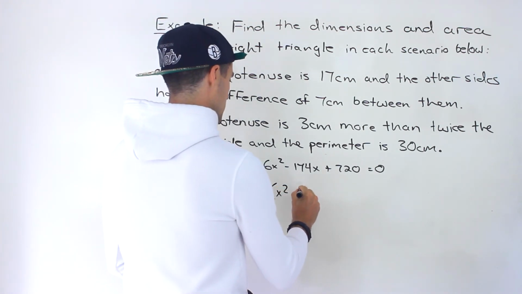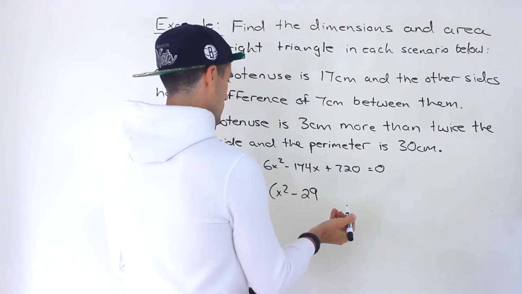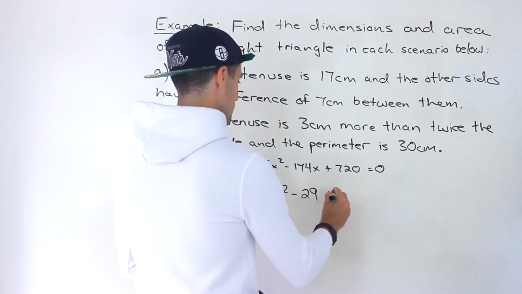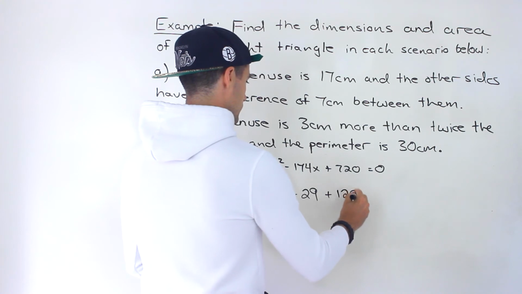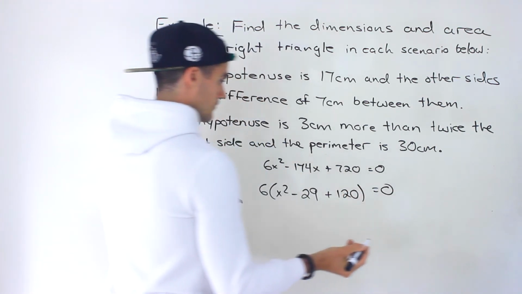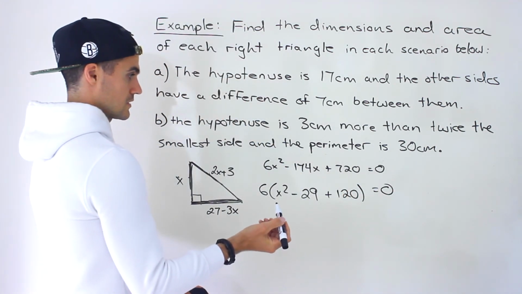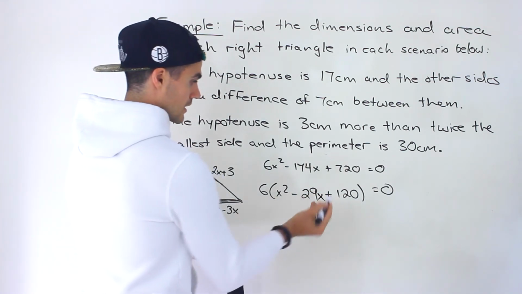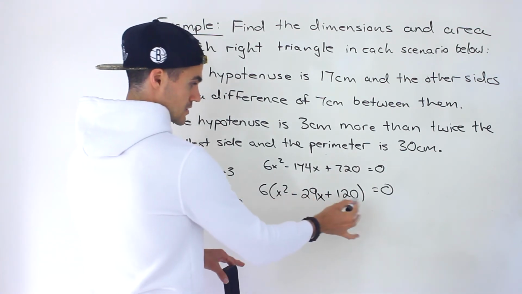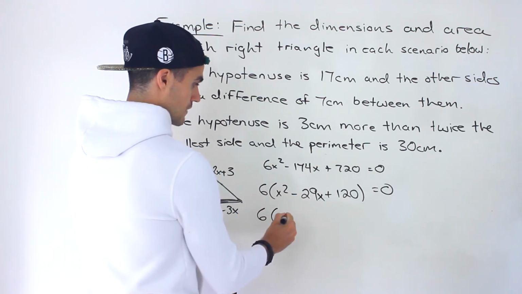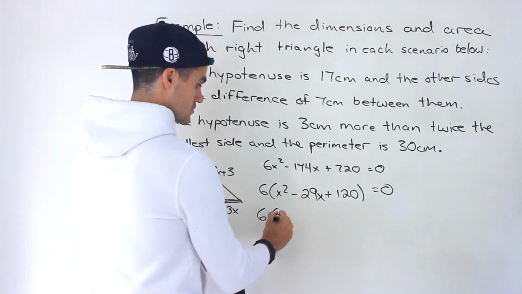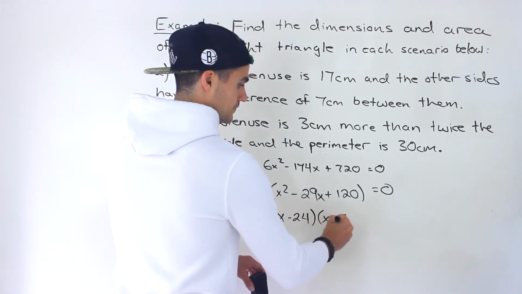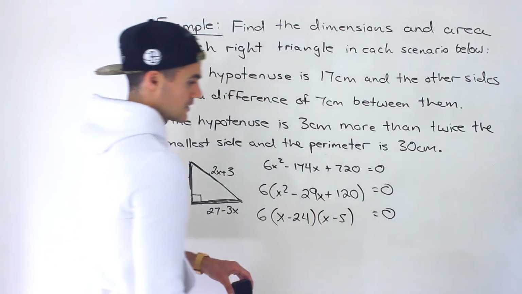And so we would end up with that right there. Right? And so, oh, sorry, I forgot an x right here. So this quadratic is going to factor into x minus 24, x minus 5. That's going to equal 0 like that.